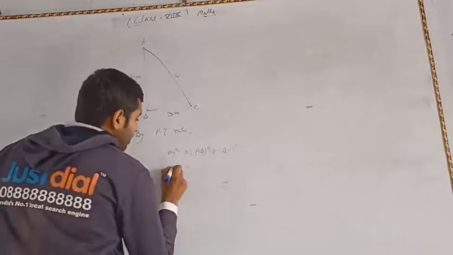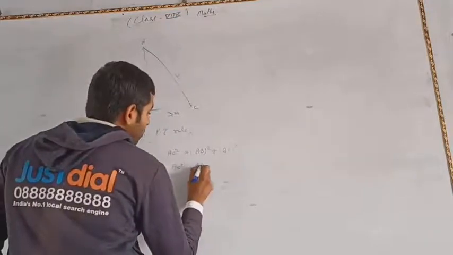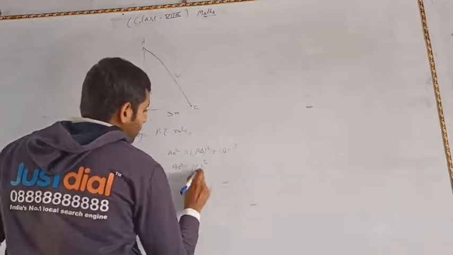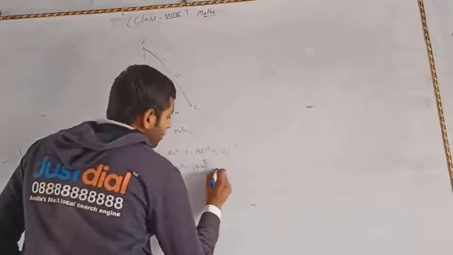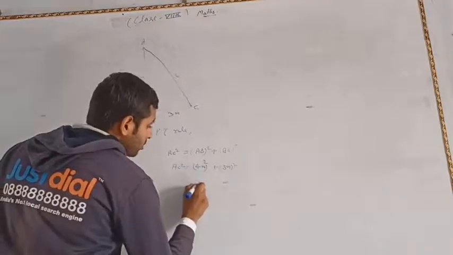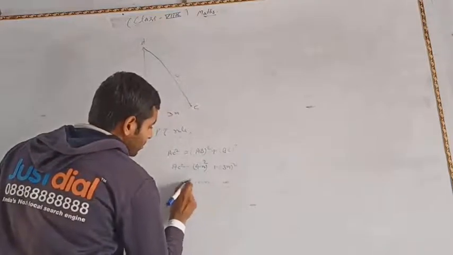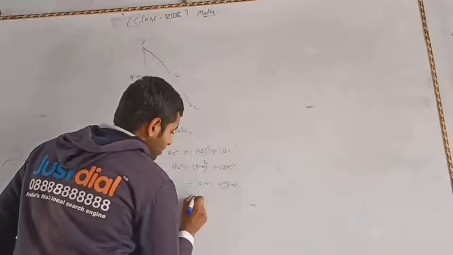AB is given as 4 meter square plus 3 meter square, which is 16 meter square plus 3 3 is 9 meter square.